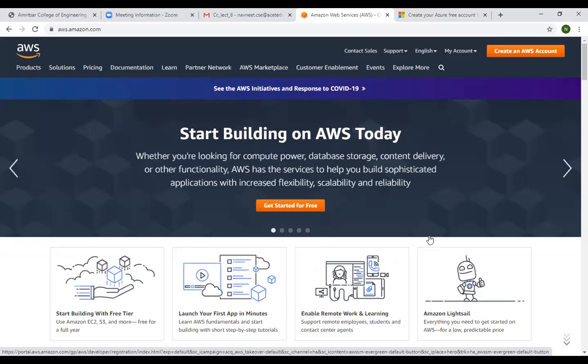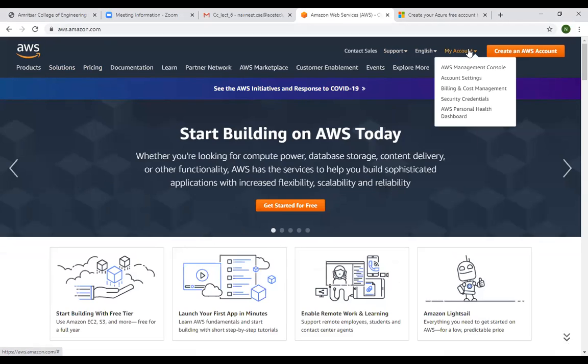Everybody can see this screen here of Amazon Web Services. Yes, ma'am. Okay. So you can see here what we have discussed today, the link to this is aws.amazon.com, and you can create an account by clicking here, create an AWS account. If you have already created an account, you can log into that also.